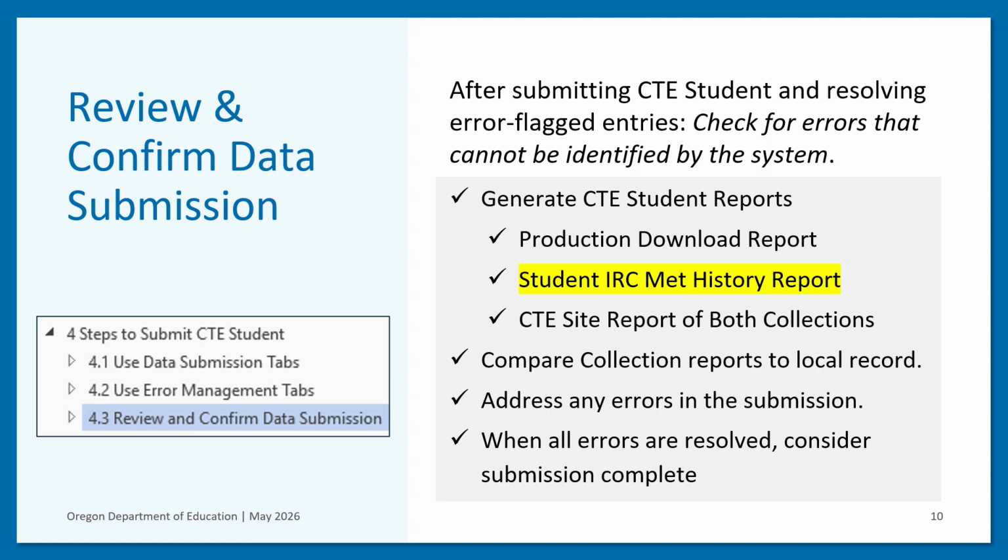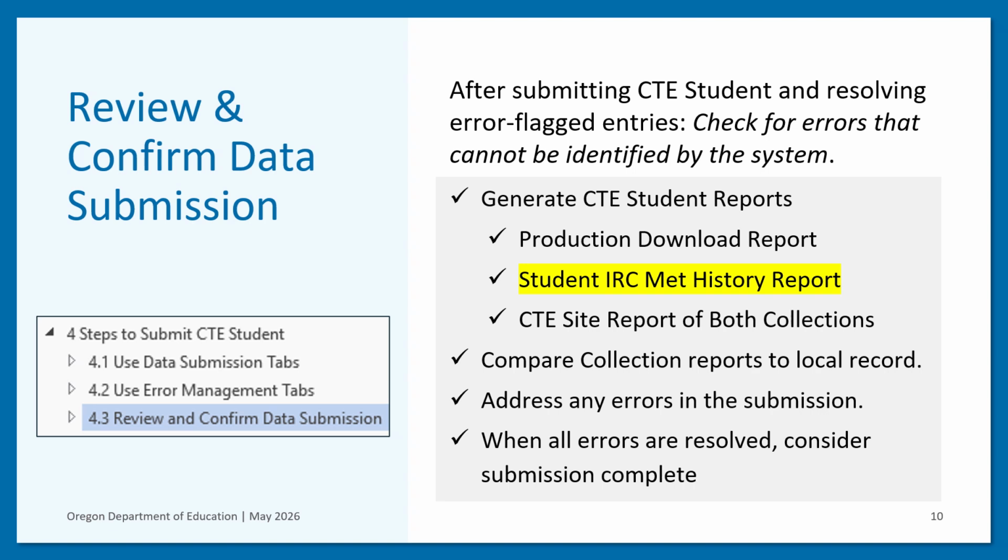Review and confirm CTE Student. After submitting CTE Student and resolving error-flagged entries, check for errors that cannot be identified by the system. Errors like missing data can only be identified using local institution knowledge.